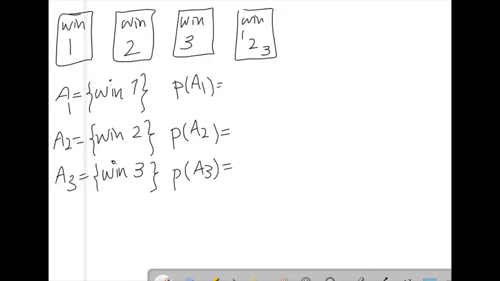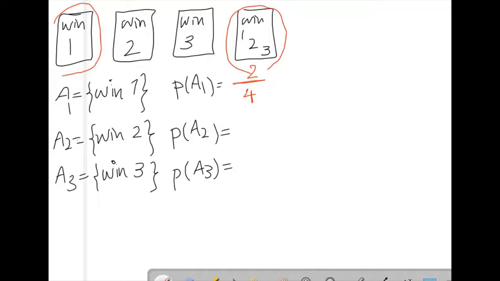Winning prize 1: in these two cases you will win prize 1. So the probability of winning prize 1 is 2 from 4 possible slips. If you choose slip 1 or slip 4, at the end you will win prize 1.